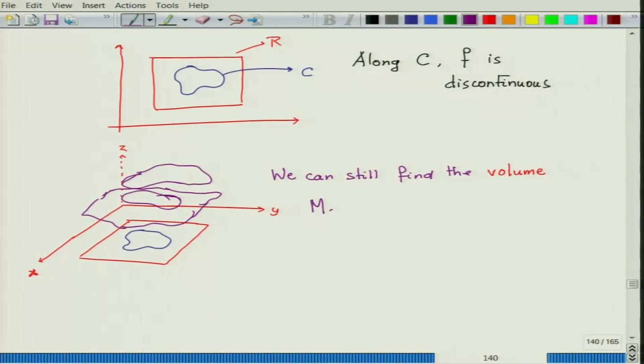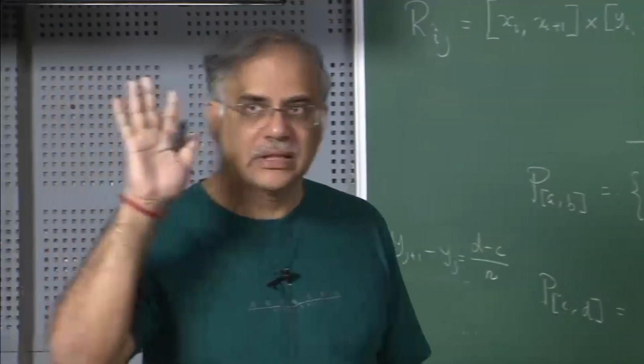It means we can still integrate, and the double integral has a meaning. Which means if you have a continuous function on a rectangular zone, the integral would always exist.